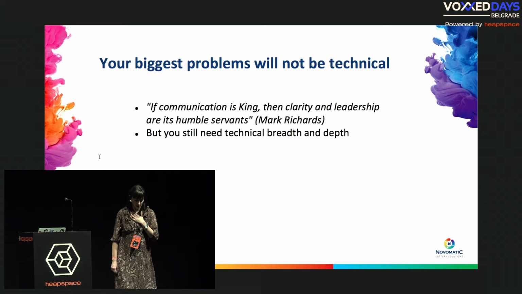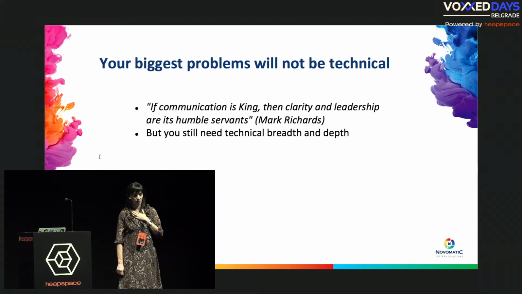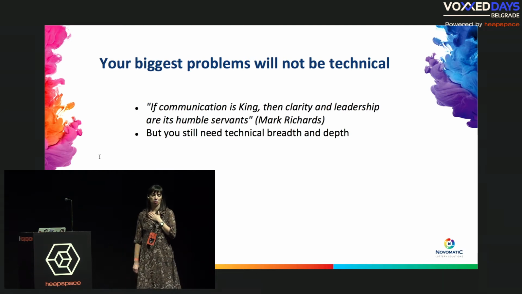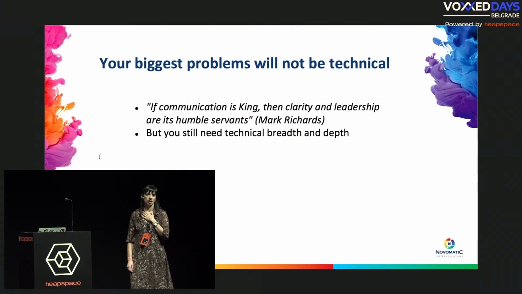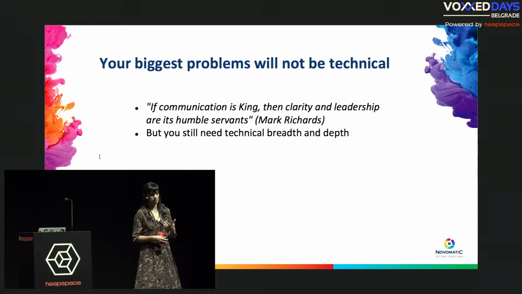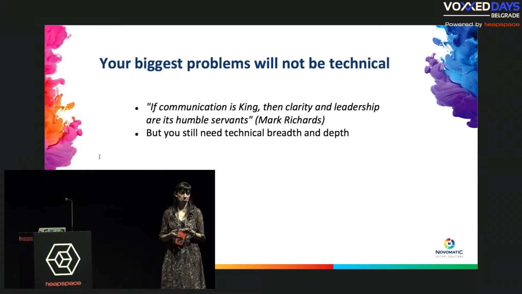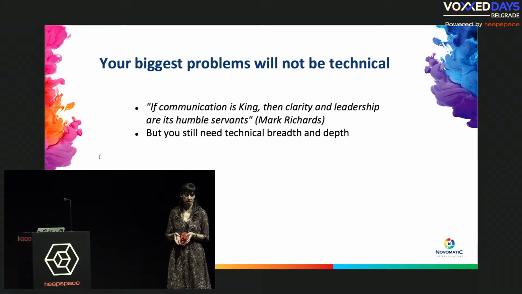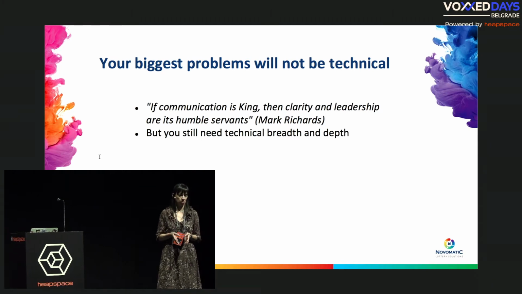That being said, you have to have technical breadth and depth. It means that you will not be the master of all trades. There will be some areas in which you will be very knowledgeable. There will be some areas that you will be acquainted with, and then there will be some areas in which you will be totally incompetent.